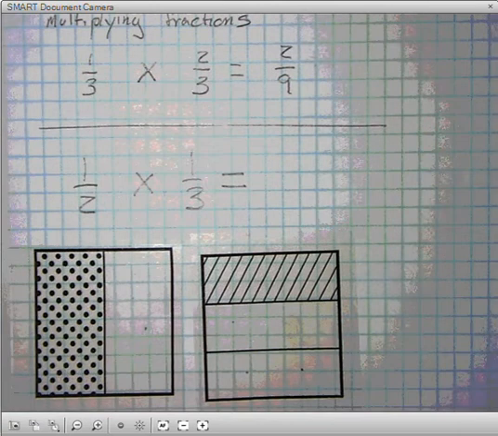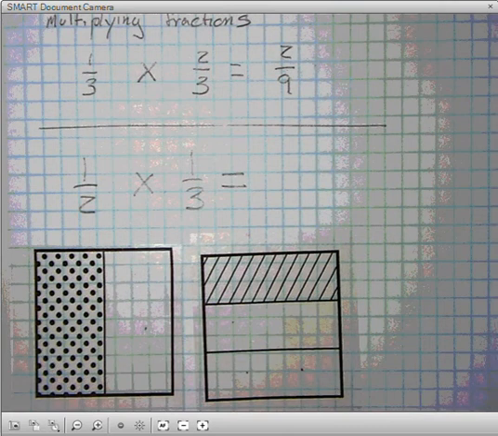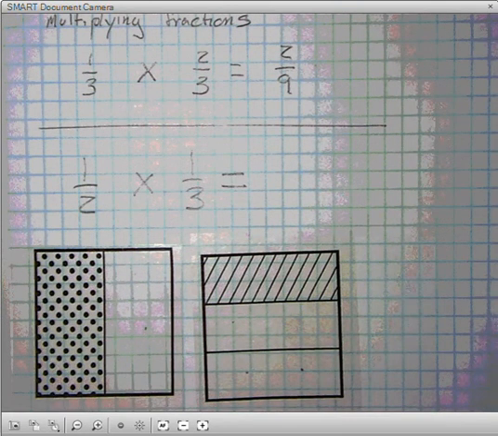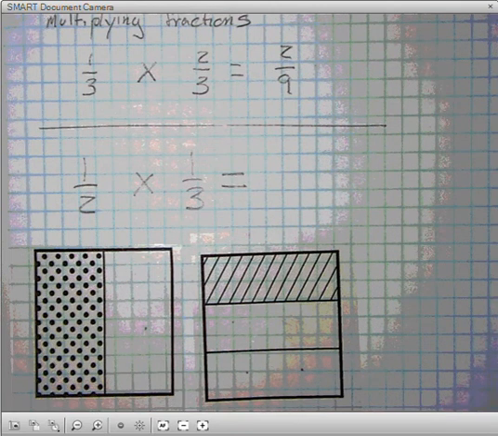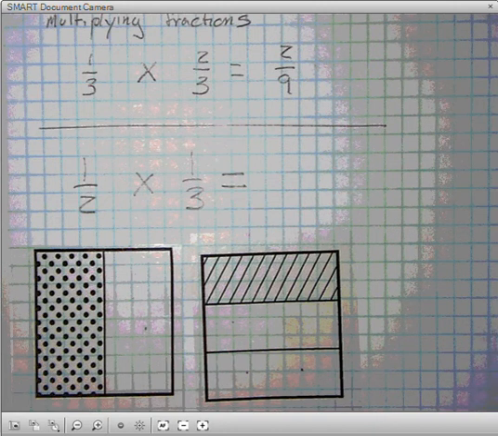What is my answer going to be? 1/2 times 1/3. I'll give people a chance. Landon? 2/6.